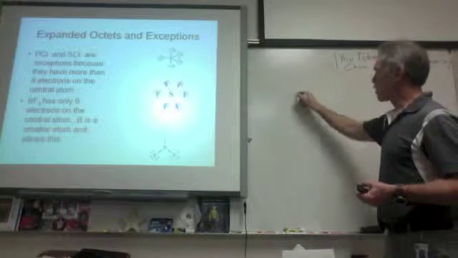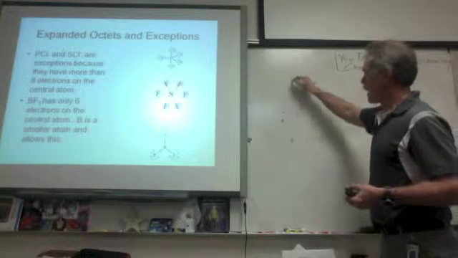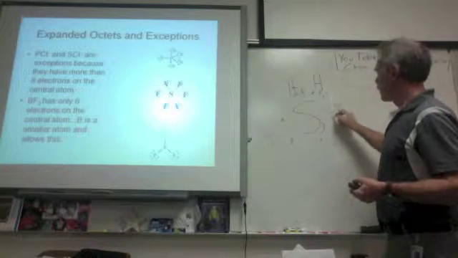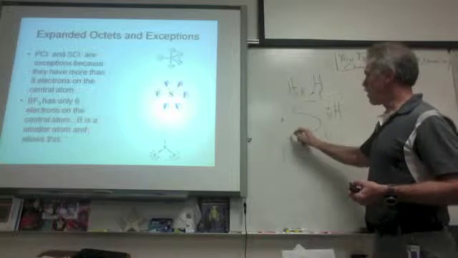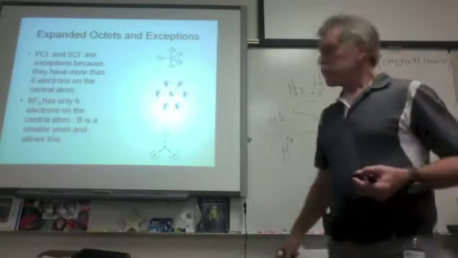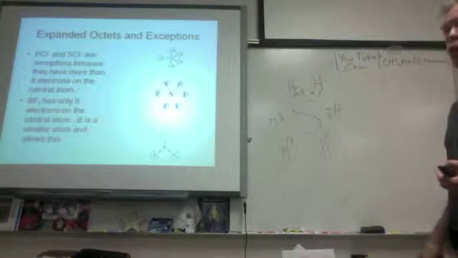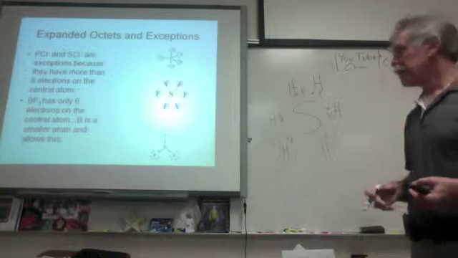So there's sulfur, 1, 2, 3, 4, 5, 6, and it will take 12 electrons and have an extended octet. So it will have 12 where you'd expect it to stop at 8. So we have 2 of the exceptions. Those are in the third row, bigger rings, so they can extend the octet.